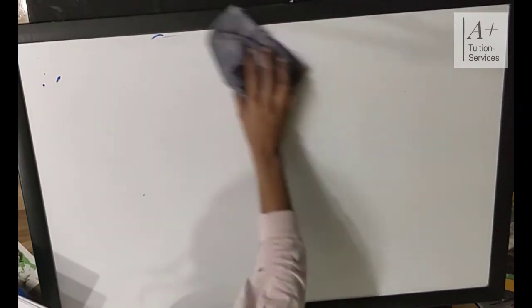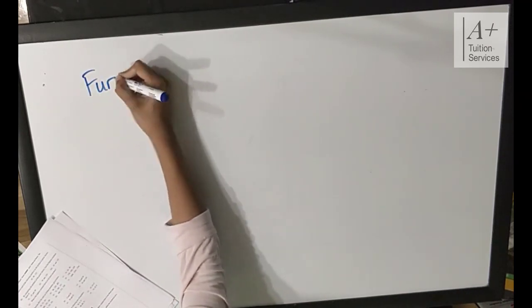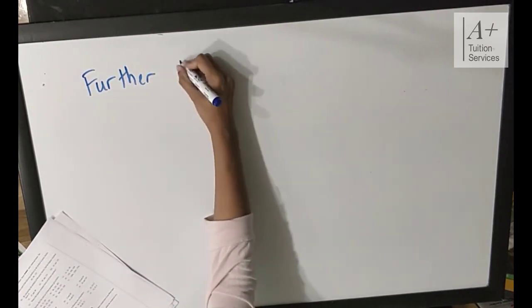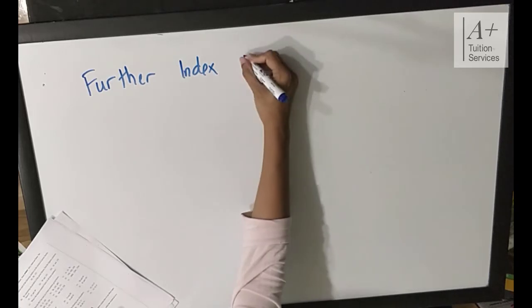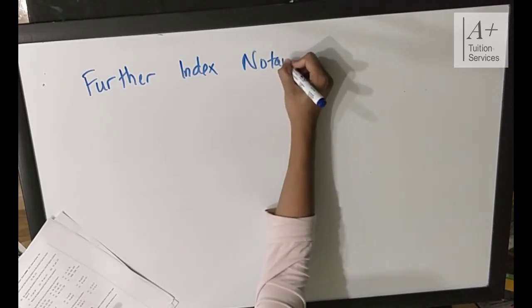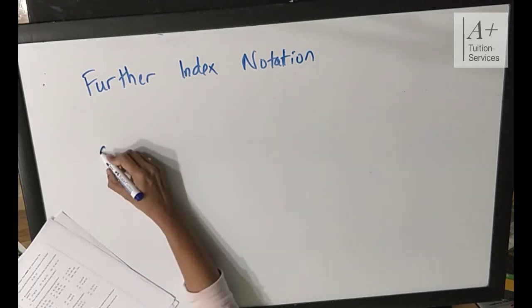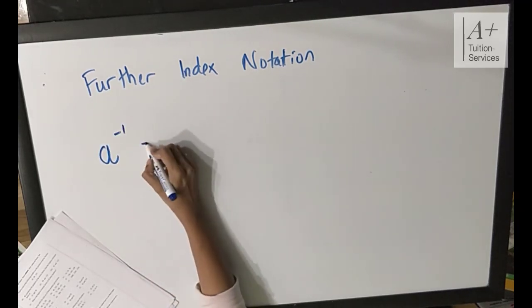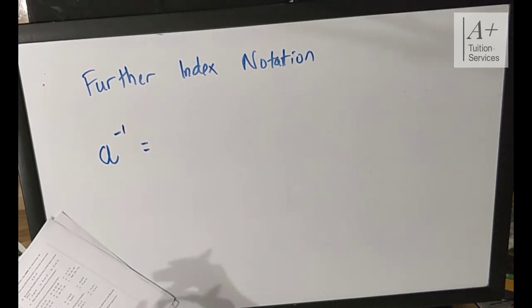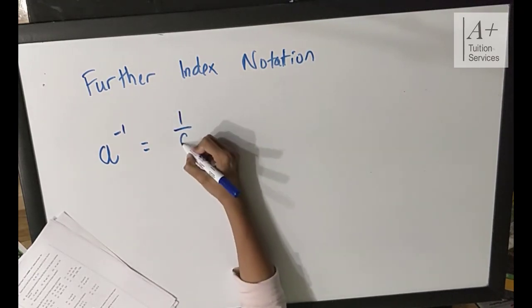So let's continue. So just heading up now, further index notation. This is the last part of this lesson, further index notation. Okay, and we have a to the negative 1, which means 1 over a.